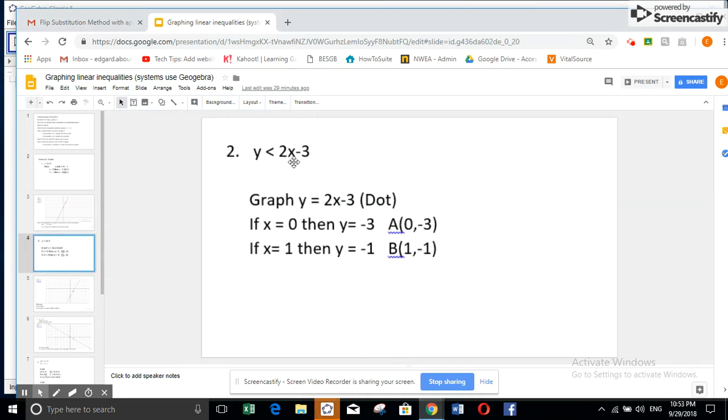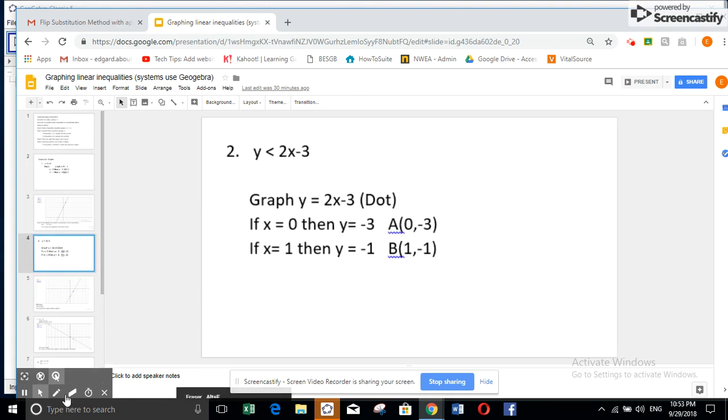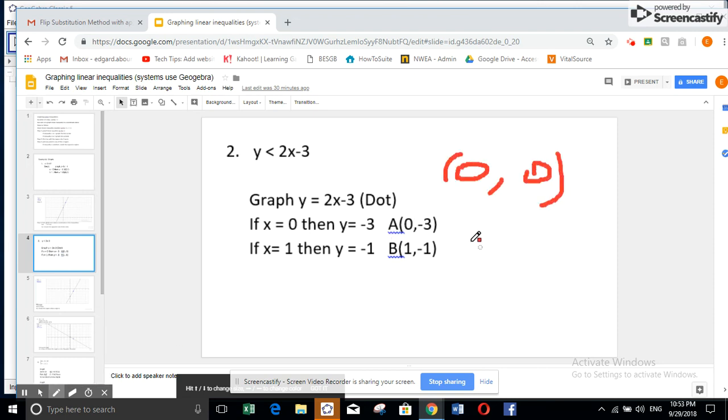So now let us take another example. Suppose I want to graph y less than 2x minus 3. Because it's less, we do it as dot. We graph first of all y equal to 2x minus 3. If x is 0, y is minus 3. If x is 1, y is minus 1. So this is the line. It is bold. Now what do we do? We pick the origin. The origin is 0, 0. The easiest point for us. So if you replace by 0, you're going to get 0 smaller than minus 3. 0 smaller than minus 3 is wrong, because 0 is bigger than minus 3.